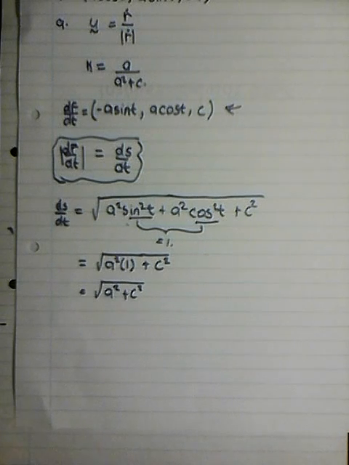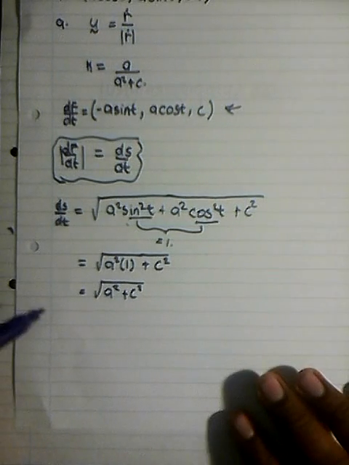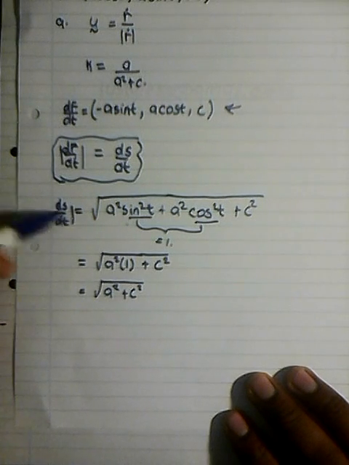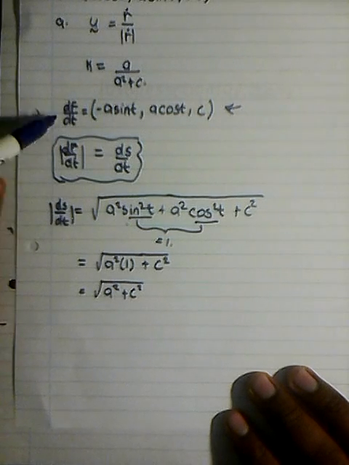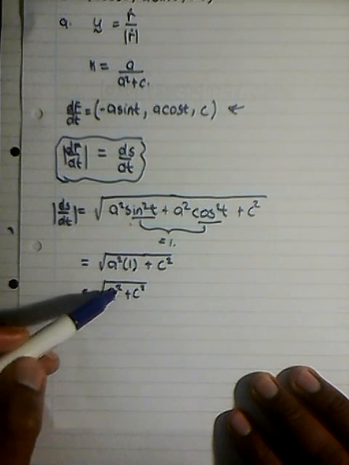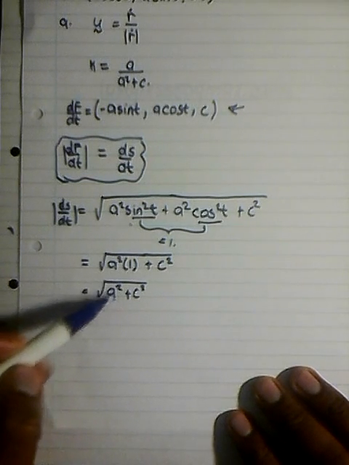So this is not our u, this is our ds/dt. To find u, we divide dr/dt by this magnitude here.